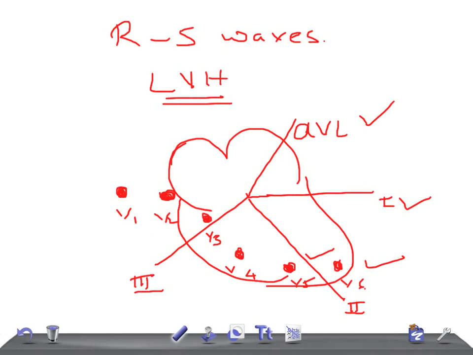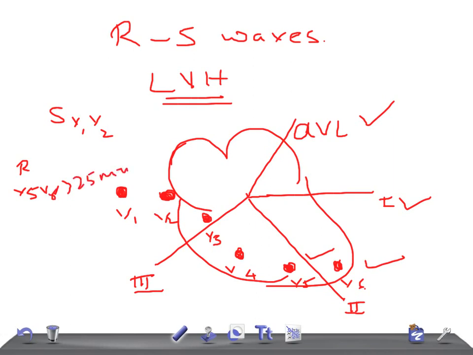And reciprocal, that is a mirror image change of S waves, in leads that look at the right ventricle, V1 and V2. S waves of V1 and V2. Now, if you suspect the patient has left ventricular hypertrophy, then the R wave in V5 and V6 should exceed more than 25 millimeter.